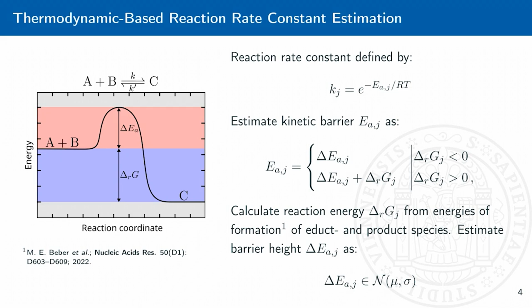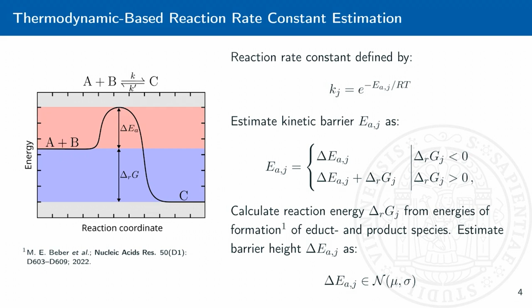thermochemical properties. In general, the Arrhenius law, as shown on the slides, states that the rate constant is related to the energy barrier due to the transition state that needs to be overcome. As further shown, this energy barrier can be split into a barrier height delta E between the transition state and the higher energy reaction complex and, depending on whether the reaction goes in the exergonic or endergonic direction, the reaction free energy delta G. Delta G can be calculated from the formation energies of the educt and product species using external software tools.